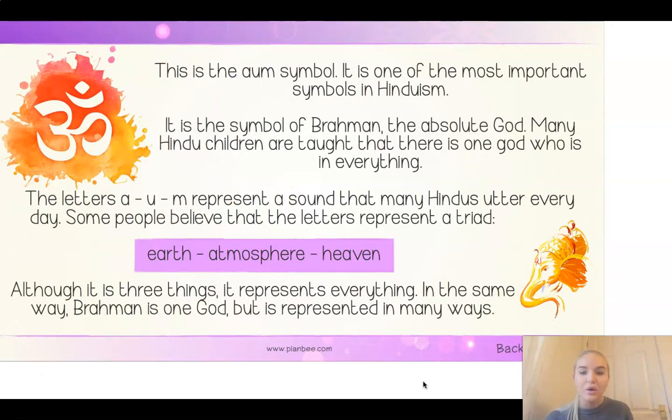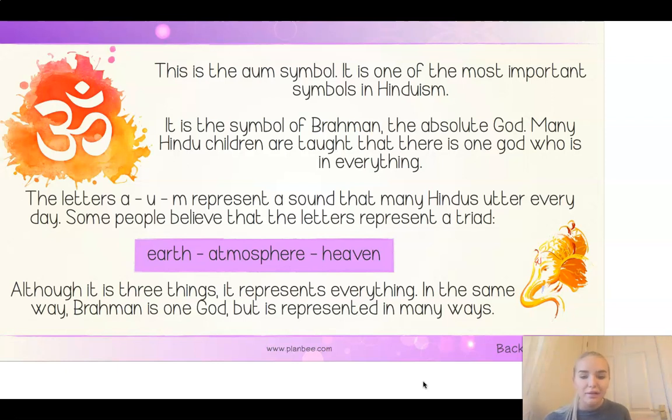So this was the Om symbol, and this is one of the most important symbols in Hinduism because it's the symbol of Brahman. We looked last lesson at how Brahman was the absolute God, and Brahman is the God who is in everything. Now, we looked at the letters A, U and M, representing a sound that many Hindus speak every day.